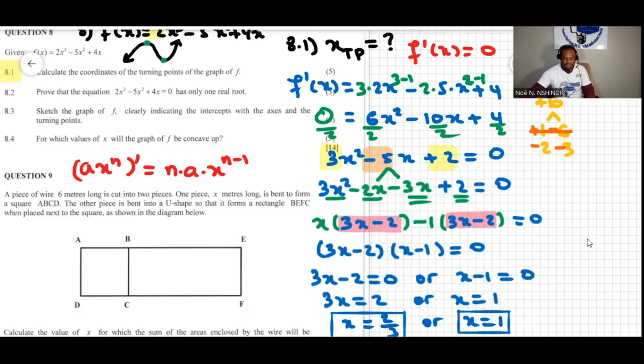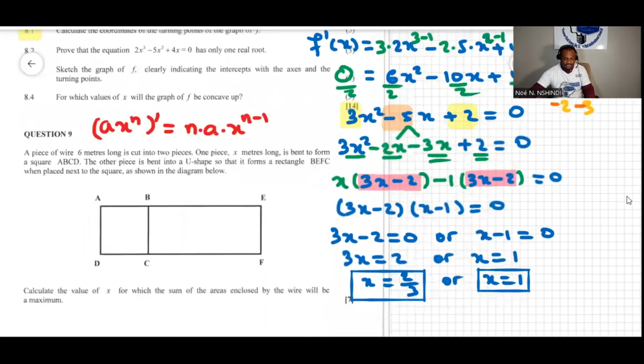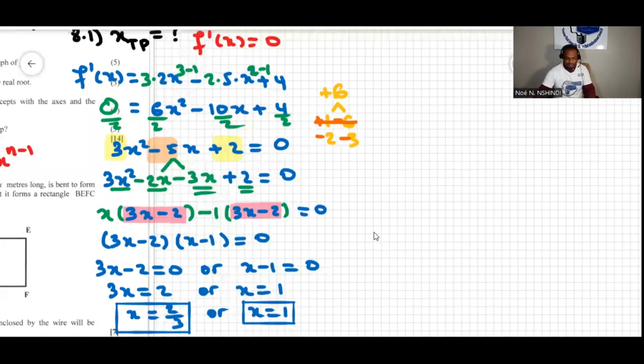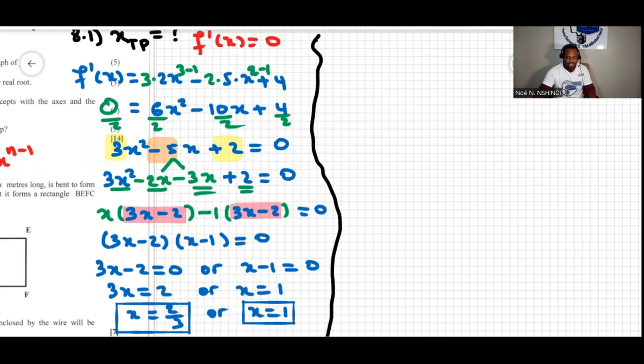So now, let's just do it over here. I'm going to sub in x equal to 2 over 3. What was the function?